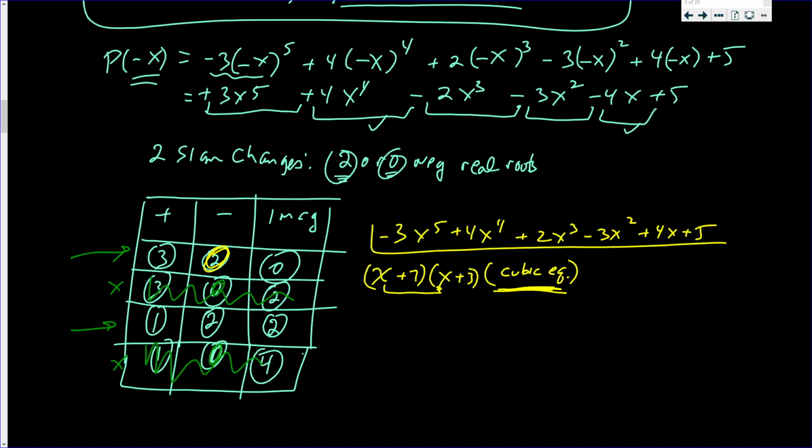So I guarantee you that there will be at least one positive real root. So go and find it. X plus 7, x plus 3, and you find one. It's 4. It'll be x minus 4.